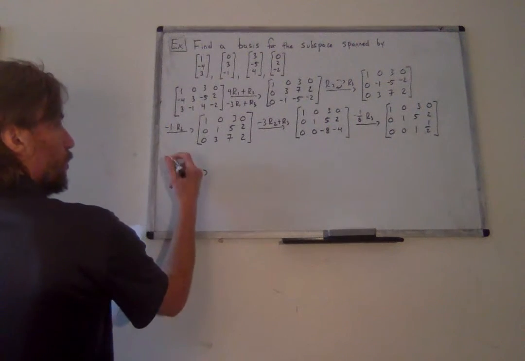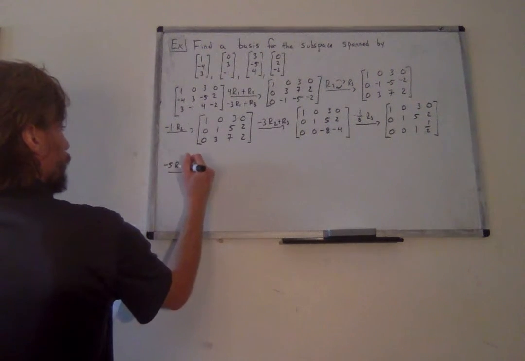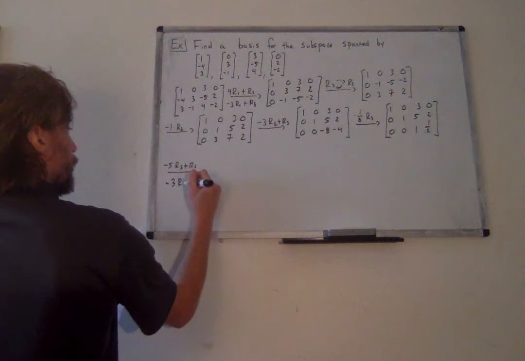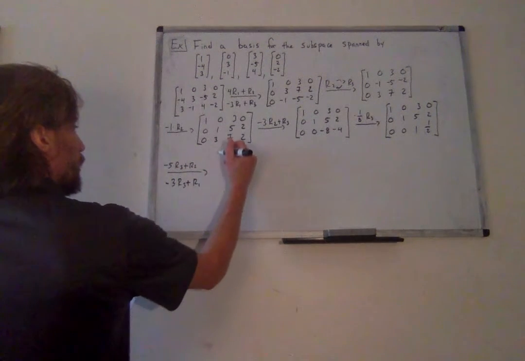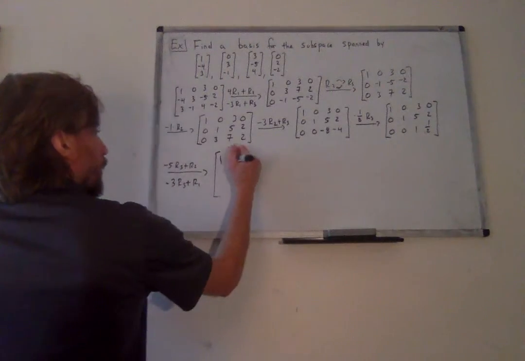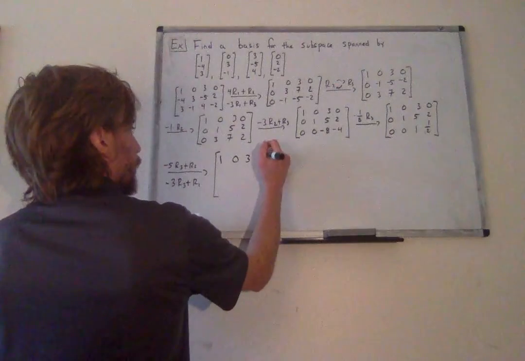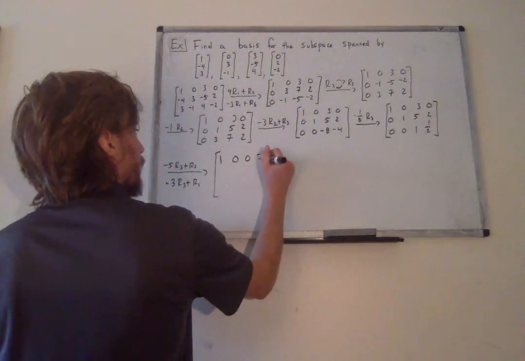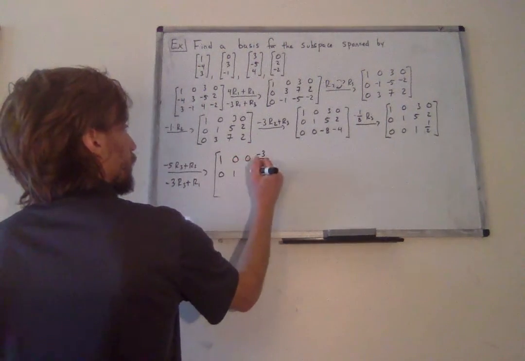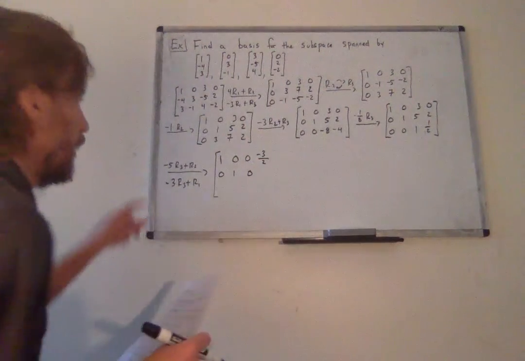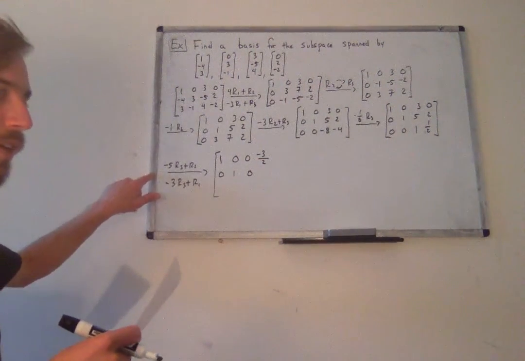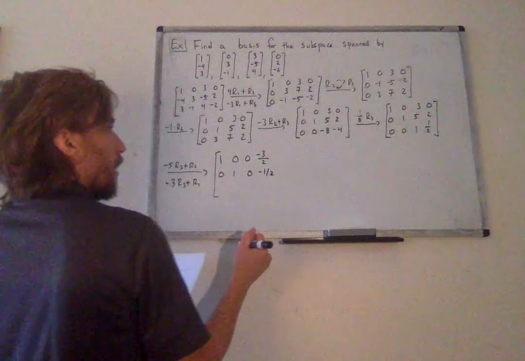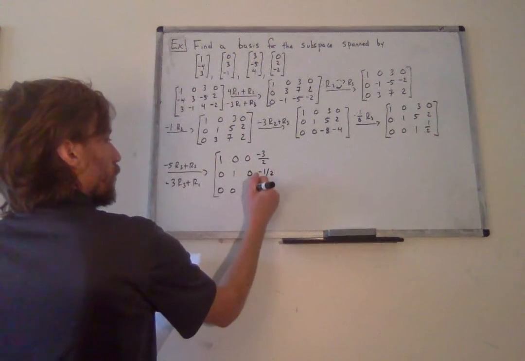So we will do -5 row 3 plus row 2 and -3 row 3 plus row 1. And so that will be -3 halves, 0, 1, 0. 2 minus 5 halves is equal to -1/2. And then 0, 0, 1, 1/2.